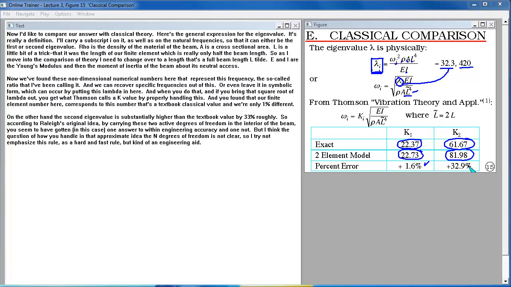So according to Rayleigh's original idea, by carrying these two active degrees of freedom in the interior of the beam, we seem to have gotten, in this case, one answer to within engineering accuracy and one not. But I think the question of how you handle in that approximate idea the end degrees of freedom is not clear. So I tried not to emphasize this rule as a hard and fast rule, but kind of an engineering aid.